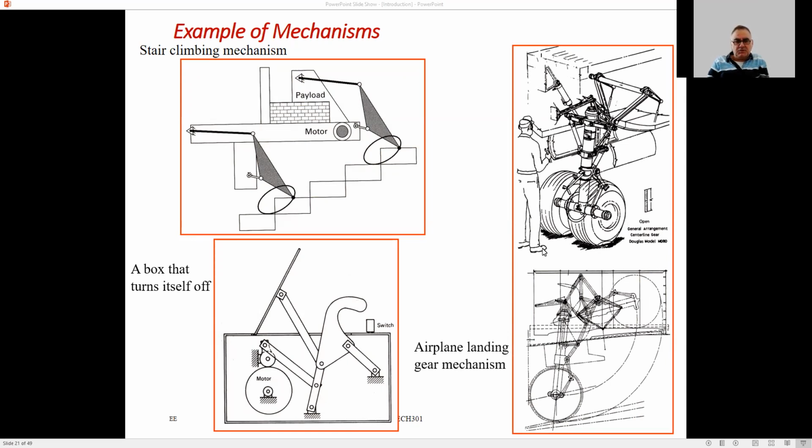In the first 6-bar mechanism, Ilker asks, why didn't we consider the ground that the 4th bar is connected to as a joint? Let's see. Well, ground is a link, it's not a joint, but let's go back and answer that.